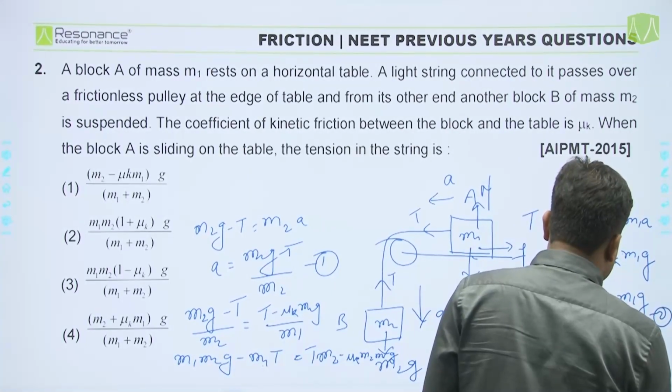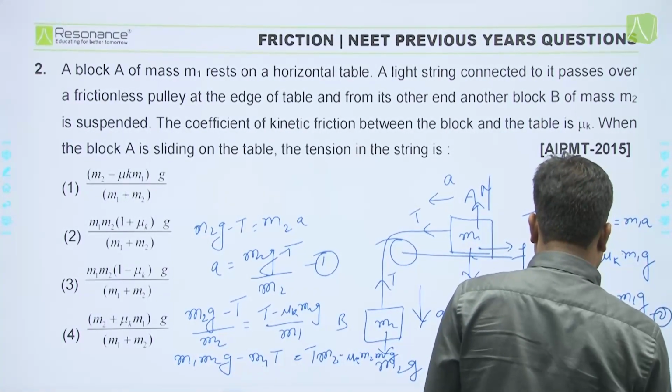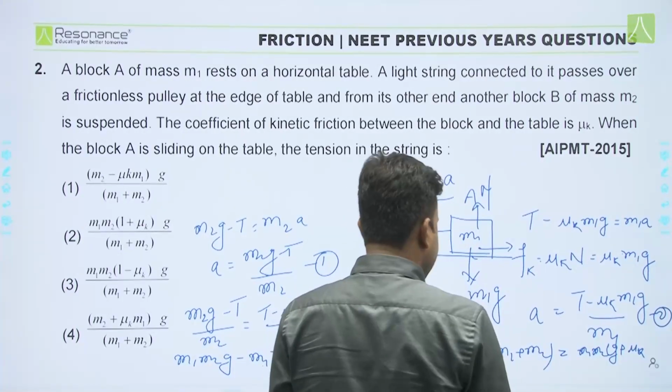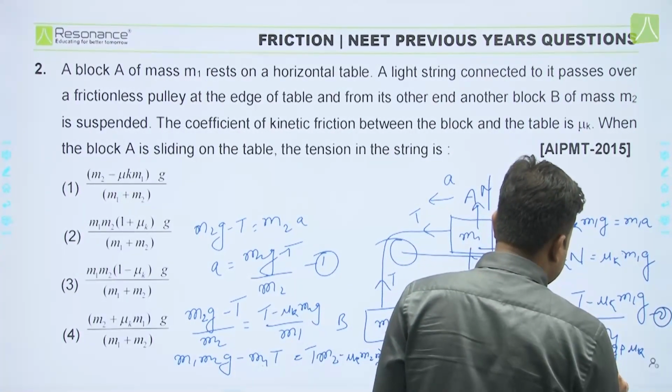Taking m1 m2 g common, plus mu k, since g is also associated, we can write g on this side.